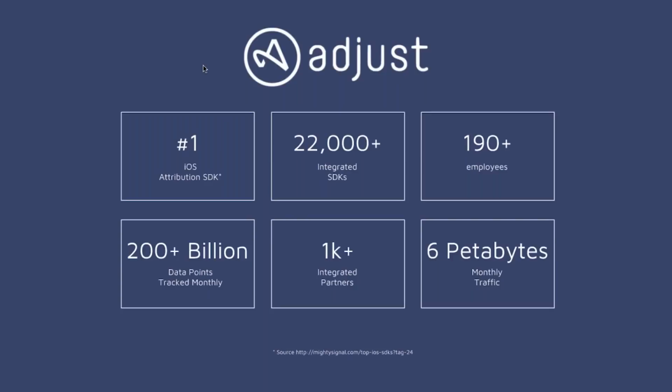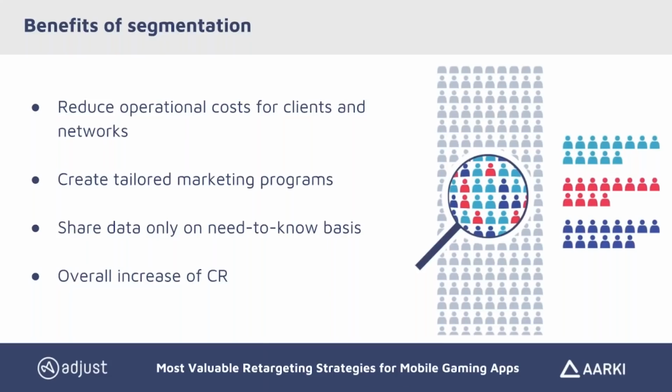We count over 190 employees spread across 14 global offices, and the main goal of Adjust is simplifying the mobile ecosystem. And by mobile ecosystem, I mean all engagement channels and third parties that are used by advertisers to run mobile campaigns.